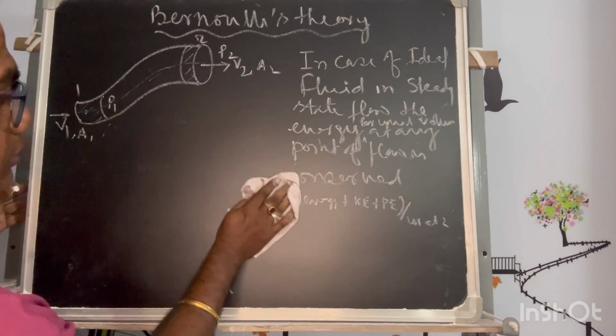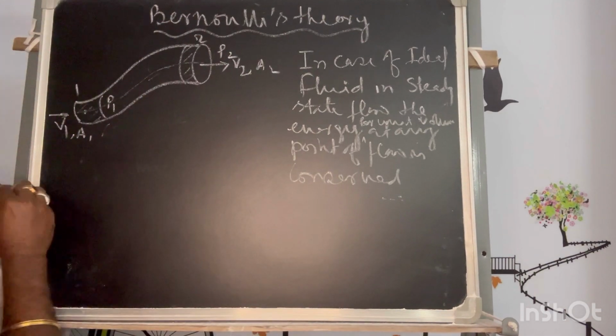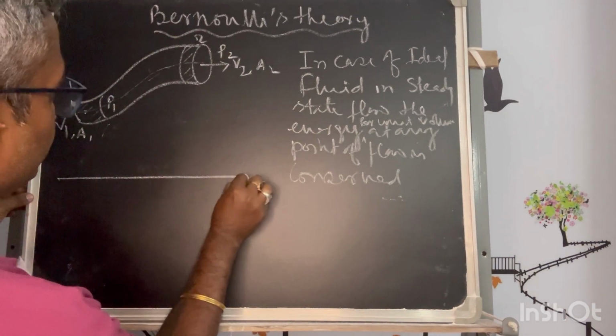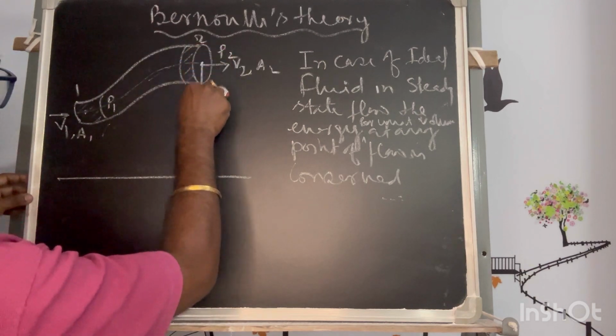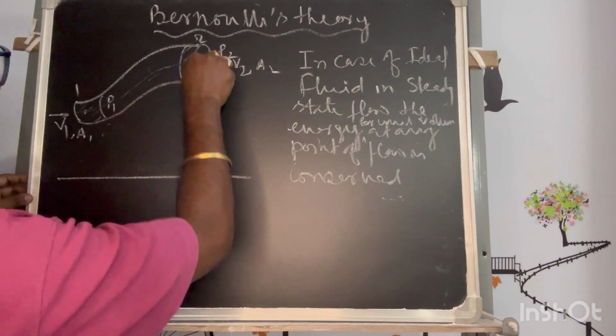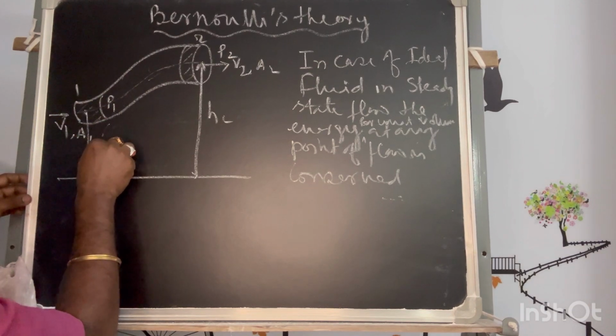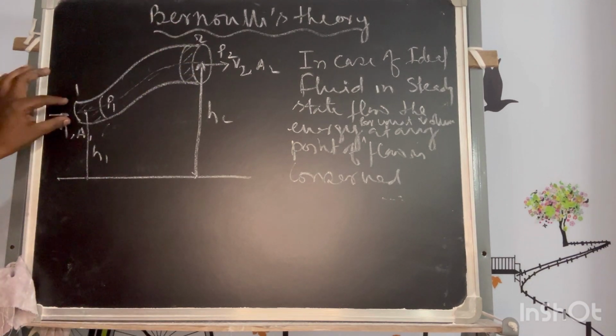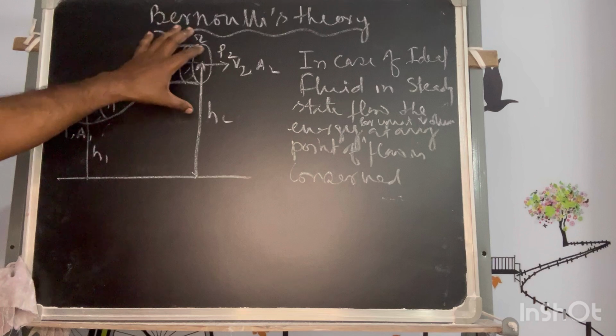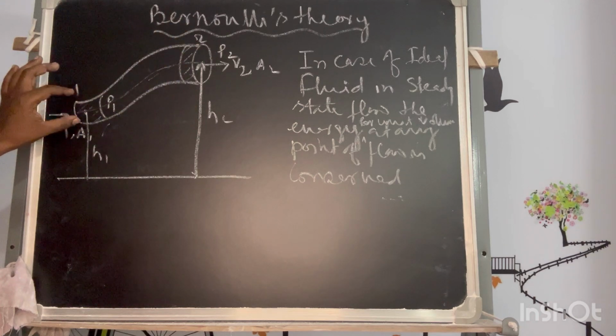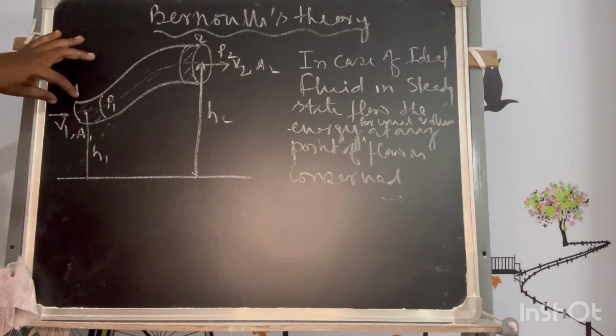I have to take a reference from where I can take height. This height is h2, this height is h1, and this is the center of mass path of the flow volume, or the mass of each segment.